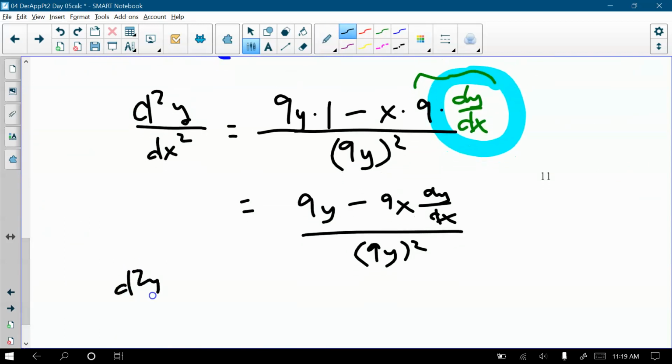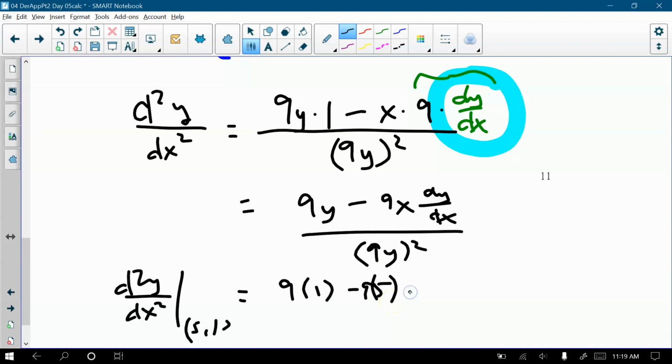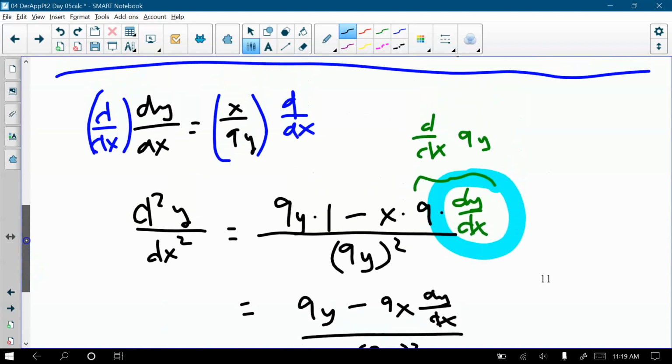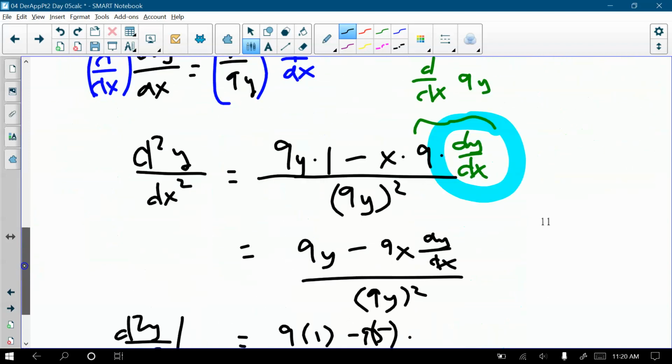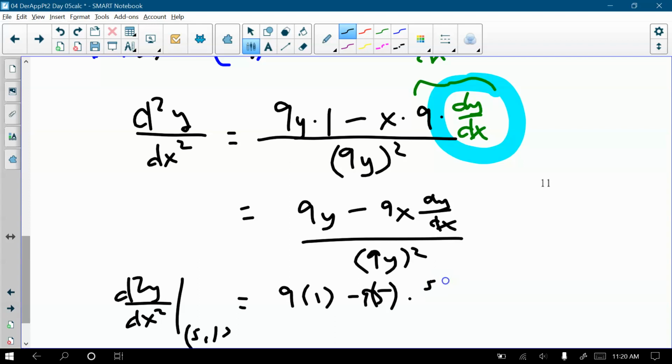We have d2y/dx squared at (5, 1), which is going to be equal to 9 times 1 minus 9 times 5 times dy/dx, when x was 5 and y was 1 was, I think, 5/9, right? Yeah, 5/9, because I solved that part already.